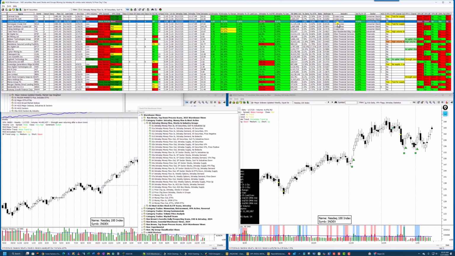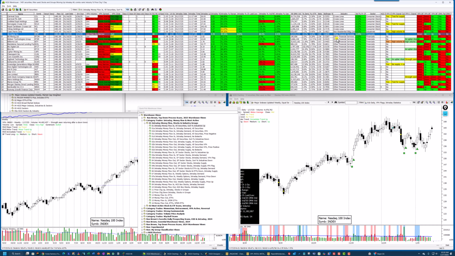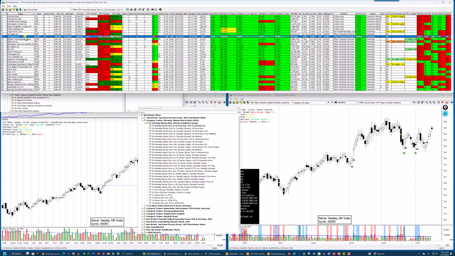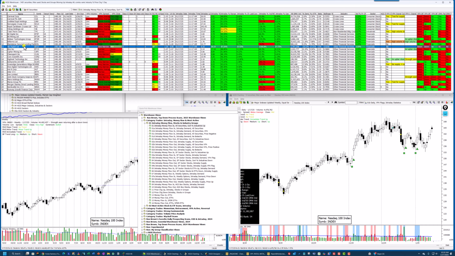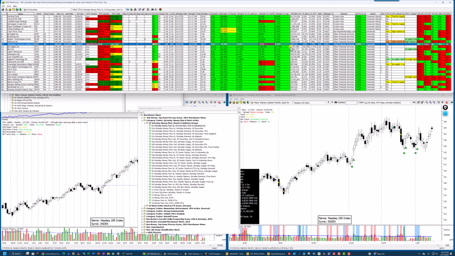Now look at the second group, or the third group, I'm sorry: financials, other financial services. These are all generally Bitcoin-related indexes. You can see they're all in here, and that's because Bitcoin is up $4,500 today. Don't ask me why. But these stocks are all participating.